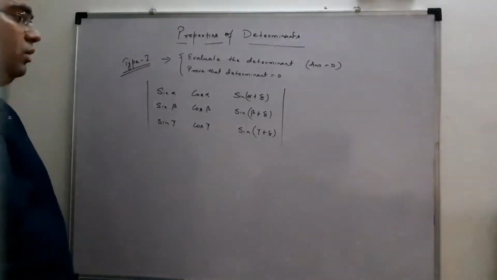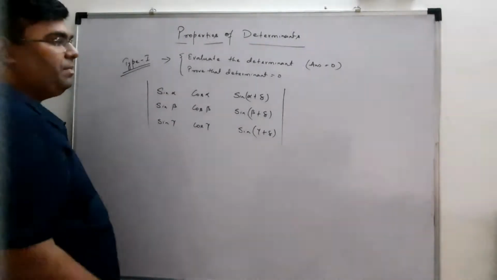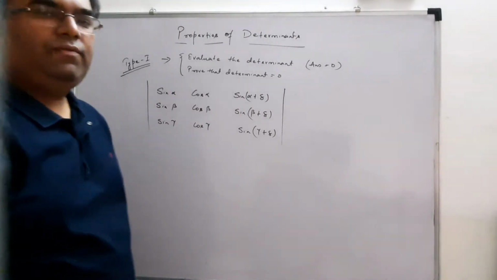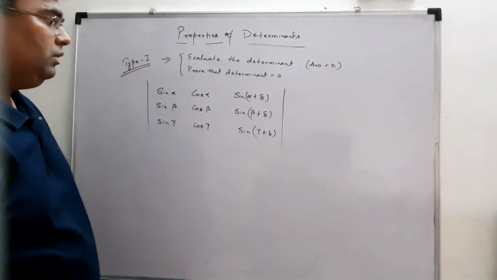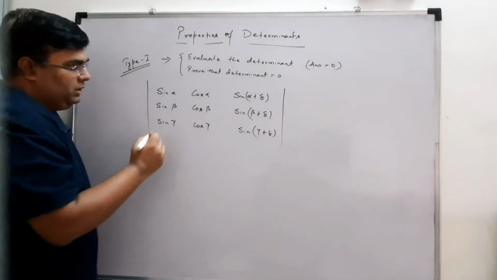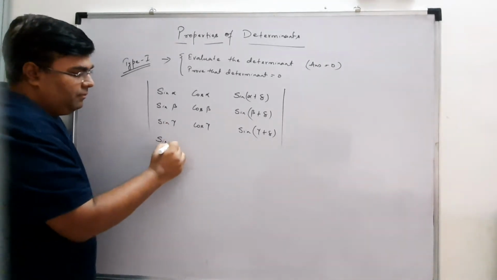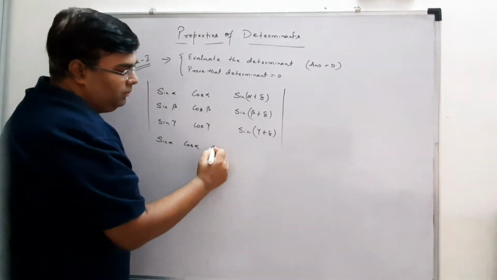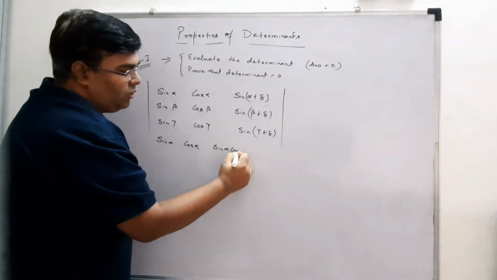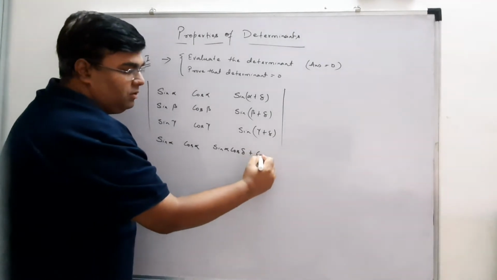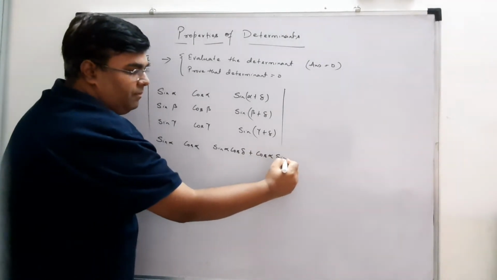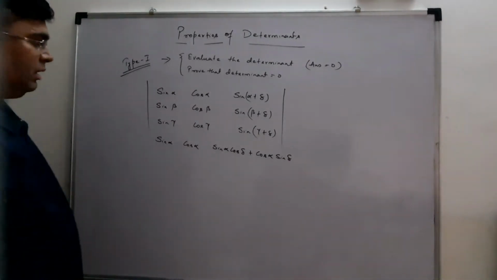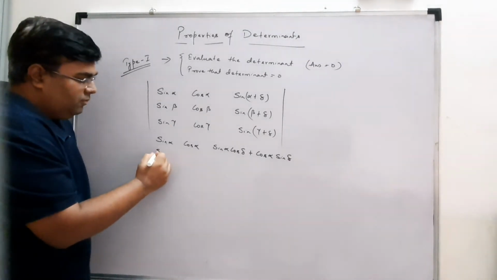So in the first step, we need to expand this third column using a formula of sine. It will be sin alpha, cos alpha, and the third entry will become sin alpha cos delta plus cos alpha sin delta, using sin A cos B plus cos A sin B. Similarly, we can write for the others also.